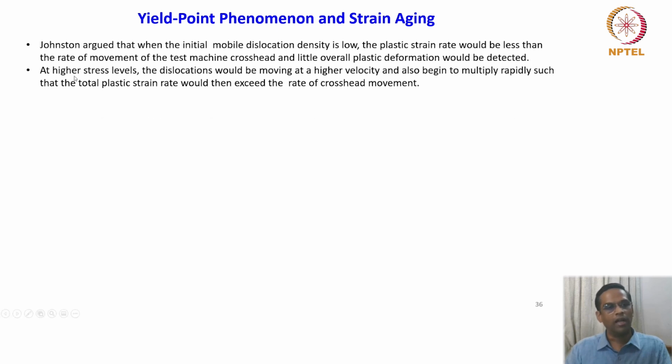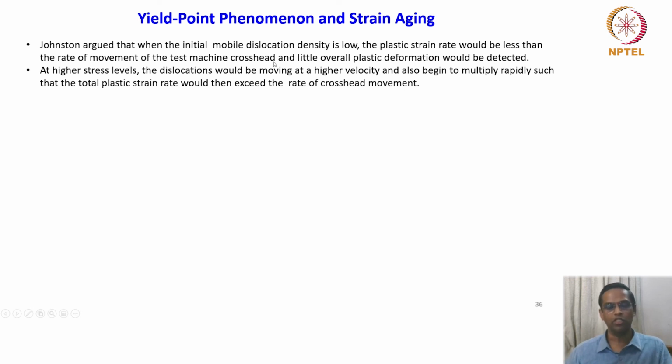Now, at higher stress levels, the dislocations would be moving at a higher velocity and also begin to multiply rapidly, such that the total plastic strain rate would then exceed the rate of crosshead movement. So we are now comparing two things. What are the two things? The plastic strain rate, which is experienced by the material. The other one is the movement of the test machine, that is the crosshead speed.